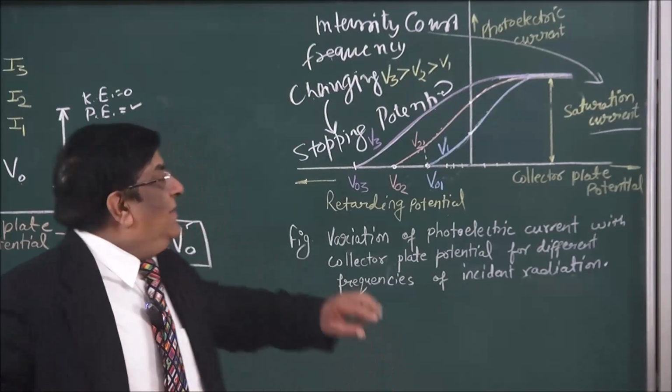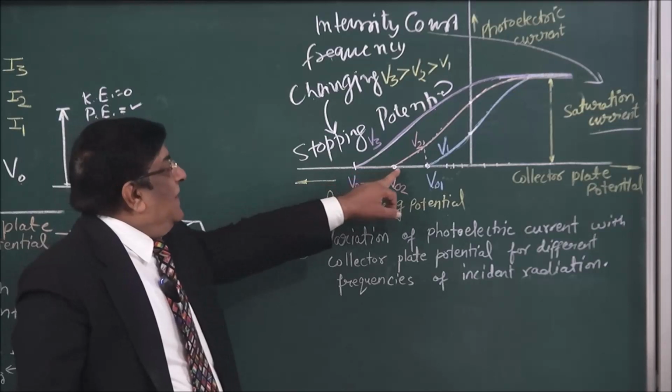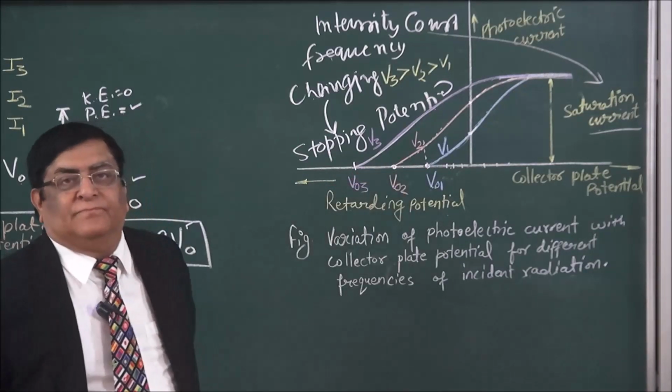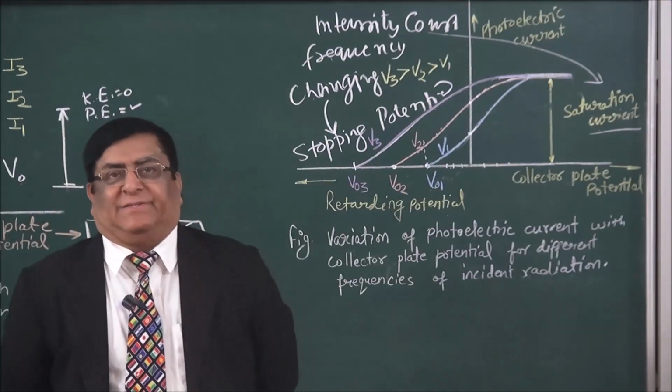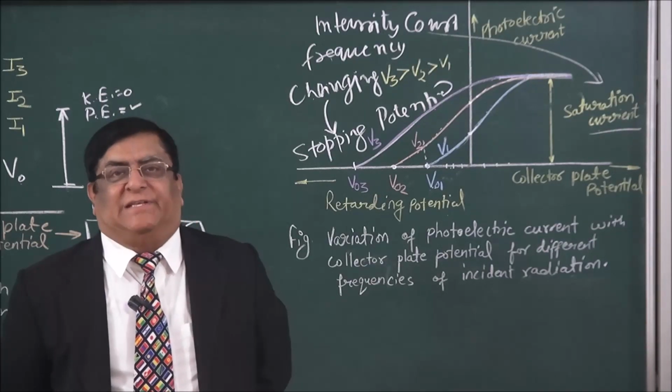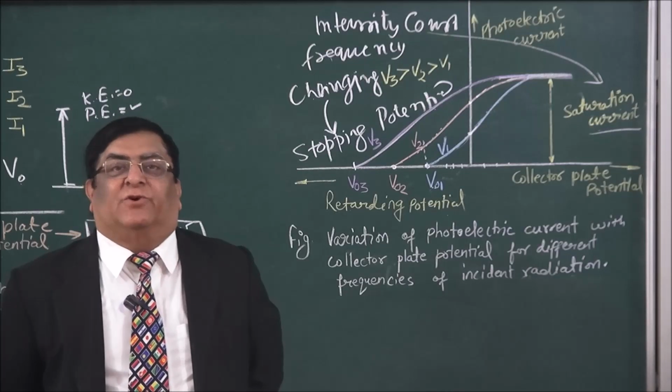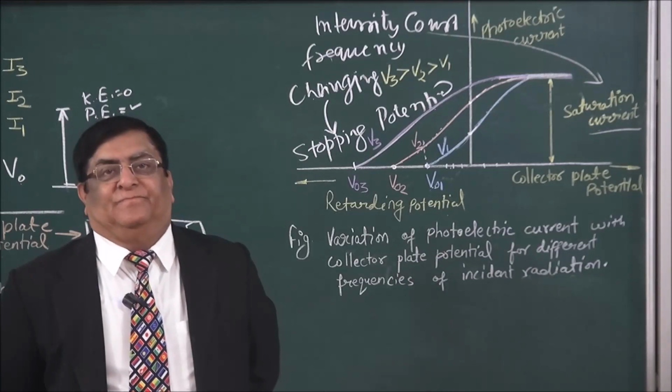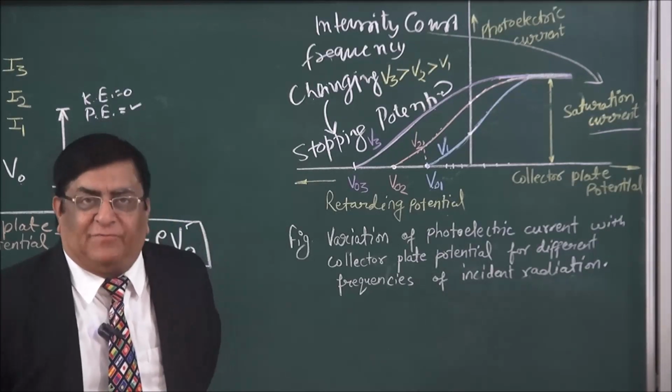But here we find the energy is different. Wave theory could not explain that. If the intensity is the same, the amplitude is the same, why should the energy of the electron be different? No explanation in wave theory.